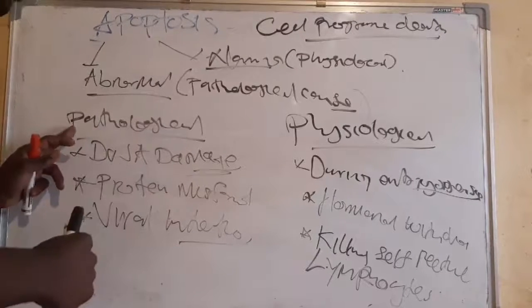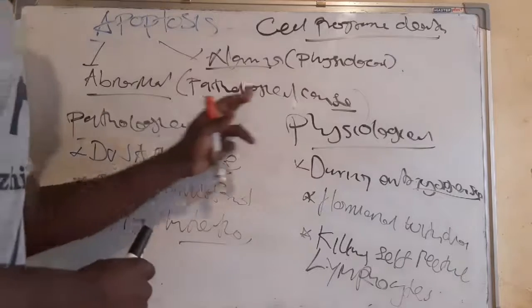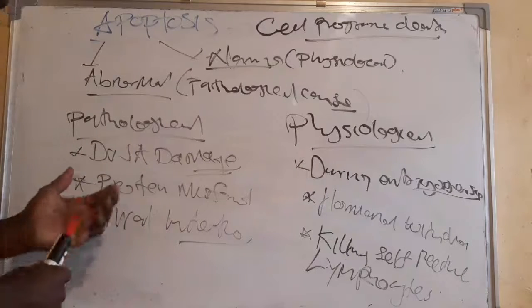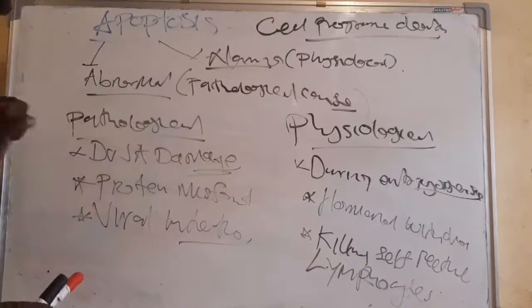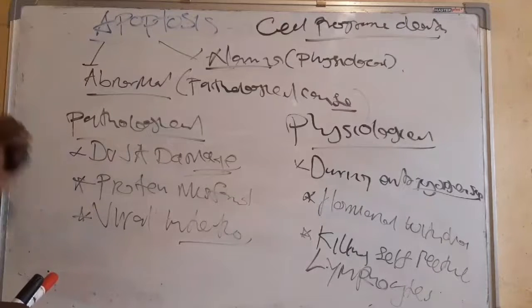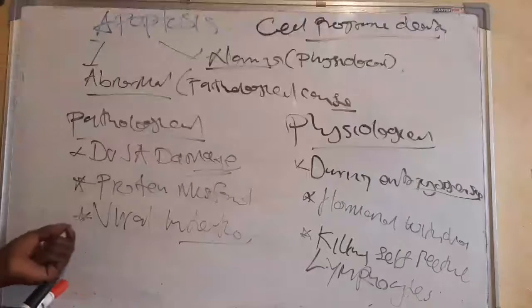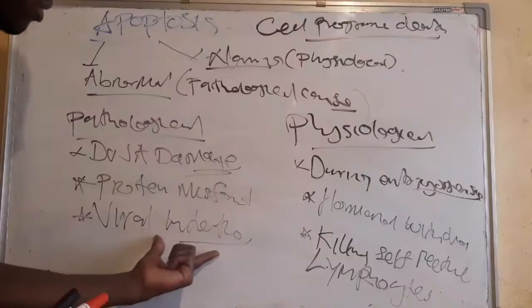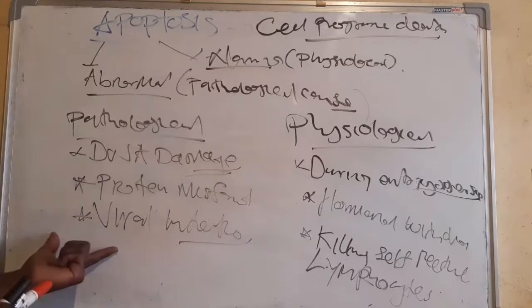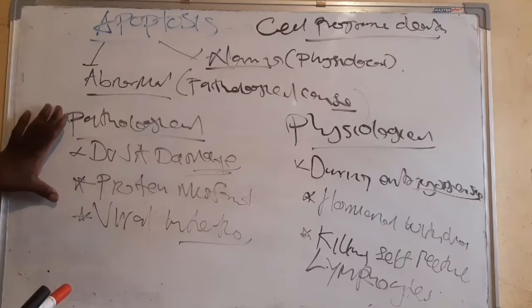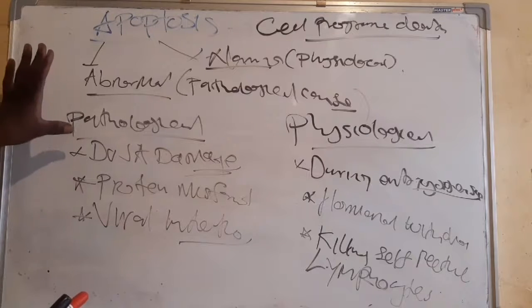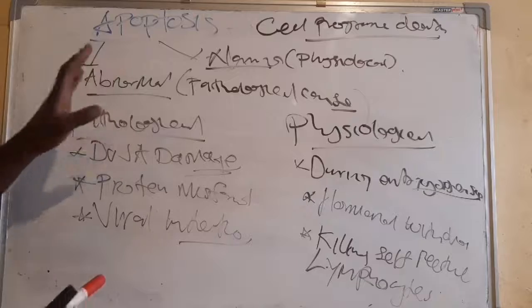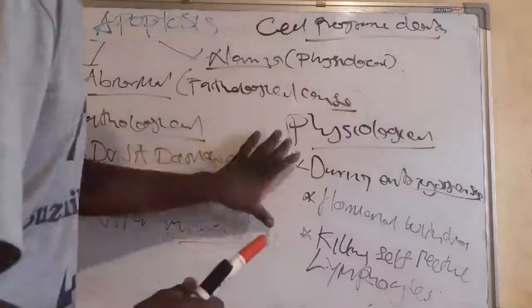The first one is for the pathological, the second one is for the physiological. So the pathological is when the DNA becomes damaged, protein misfolding, and also the virally affected cells. They undergo the process of apoptosis, but it is a pathological cause. Then we talk about the physiological.